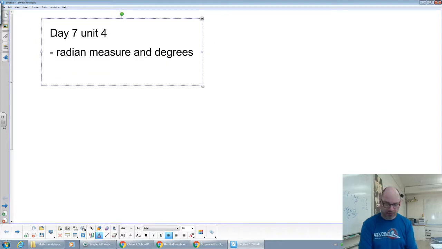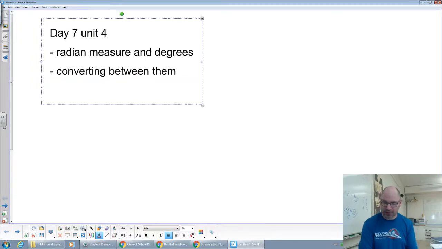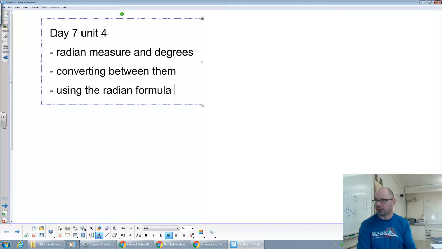We're going to be looking at converting back and forth between them. And we're going to be looking at also using the radian formula. And we'll do some examples of both of those areas.